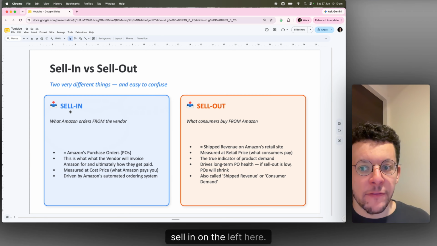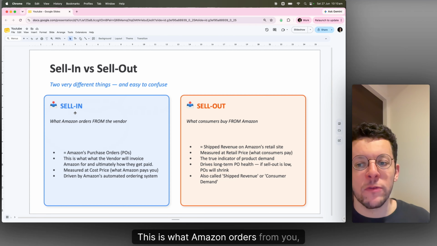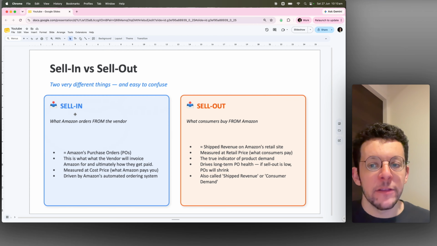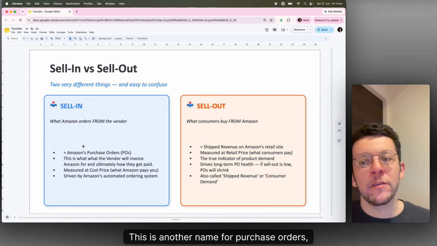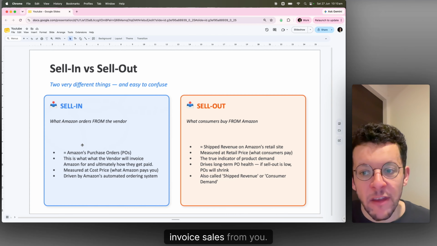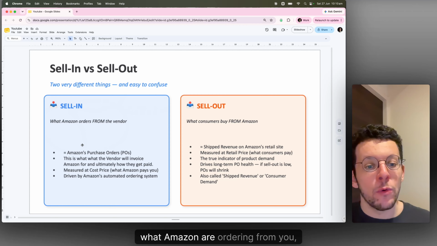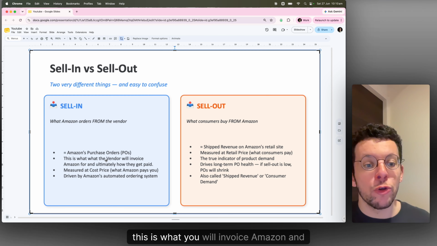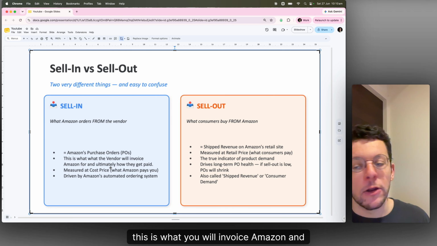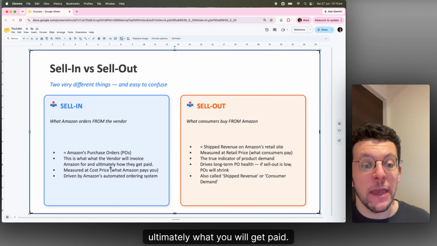Basically, sell-in on the left here, this is what Amazon orders from you, the vendor. This is another name for purchase orders, net receipts, invoice sales from you. So basically what you're sending to Amazon, what Amazon are ordering from you. This is what you will invoice Amazon and ultimately for what you will get paid.